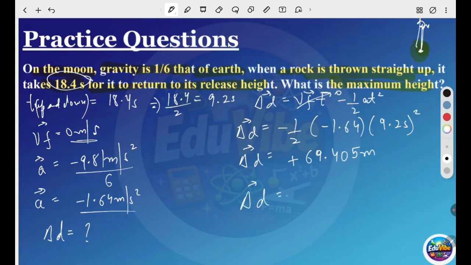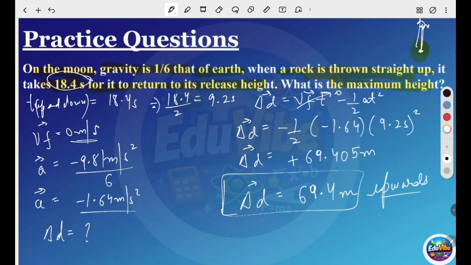If we need only three significant figures, it's 69.4. That distance we calculate from the bottom upwards, so it's the upward distance, the maximum height.